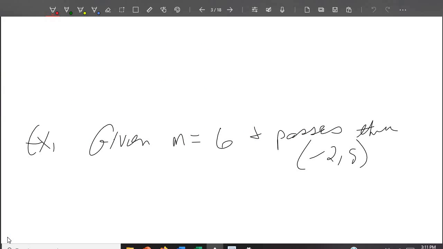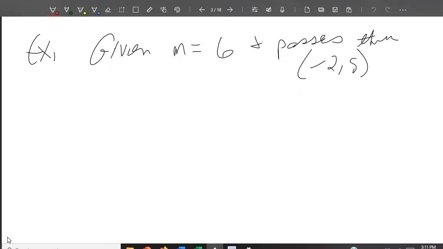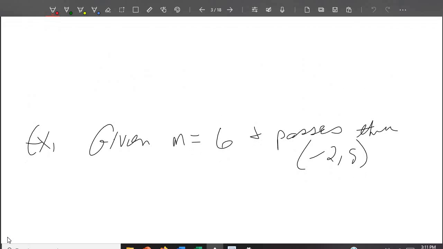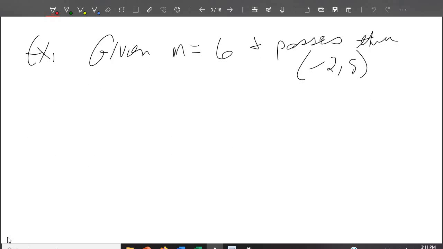Alright. Now here's an example where the slope is 6, so it's already giving me a slope and it's giving me the point. So what we have to do is take the formula and plug those 3 numbers in.